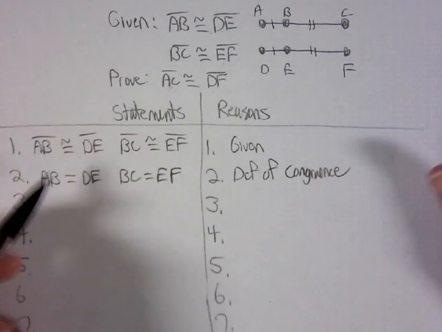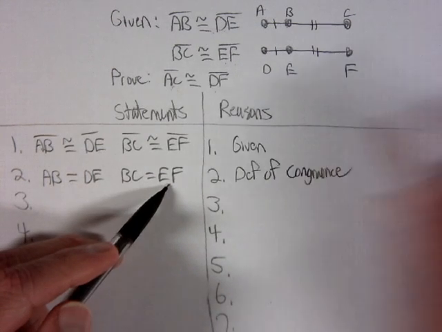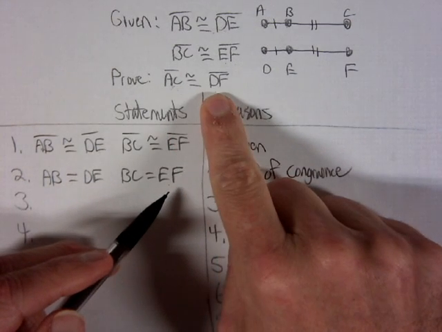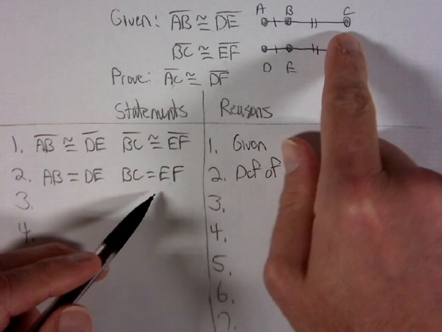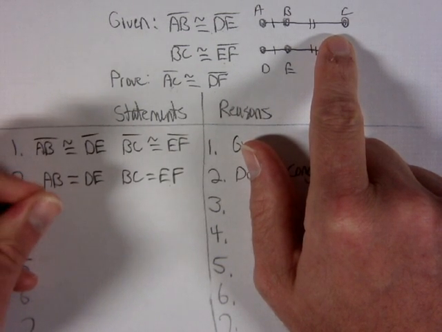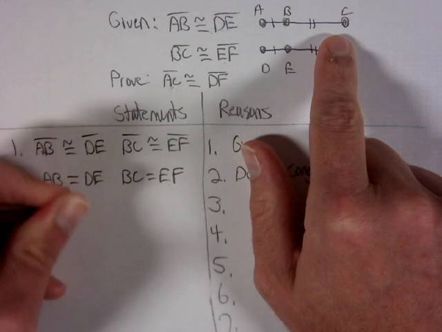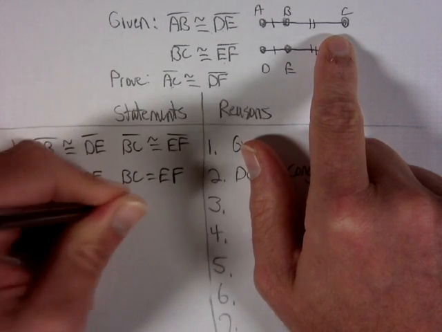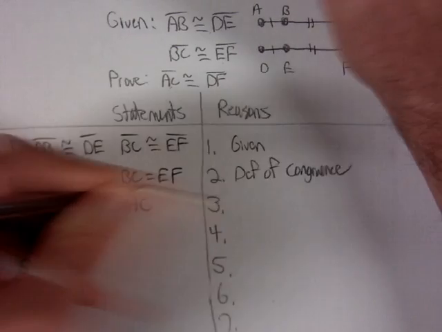All right, so I've got AB, DE, BC, EF. Remember, I'm trying to get AC equals to DF. So let's see if we can get an AC in here. Well, AC is equal to AB plus BC equals to AC. Once again, segment addition postulate.